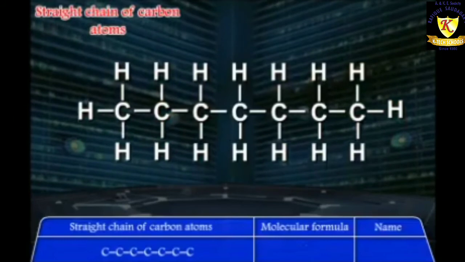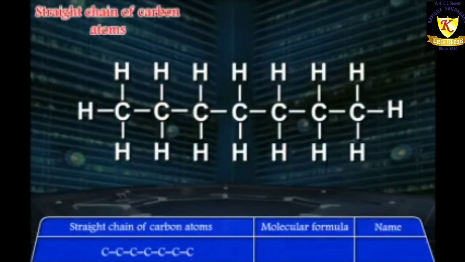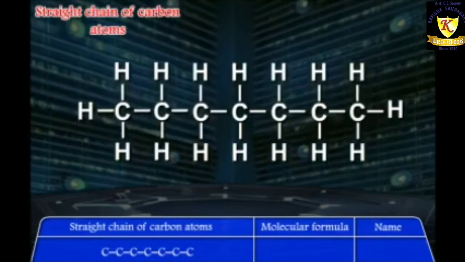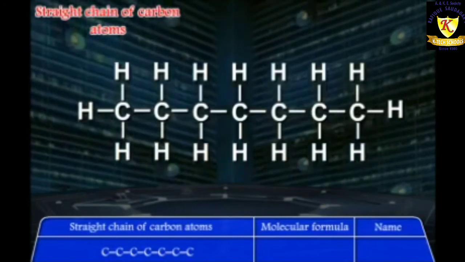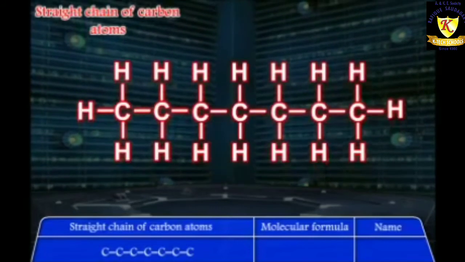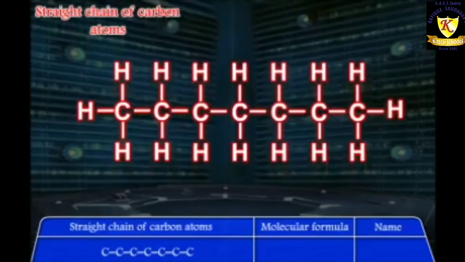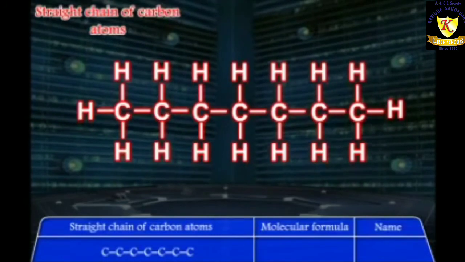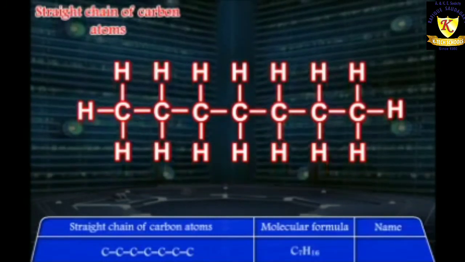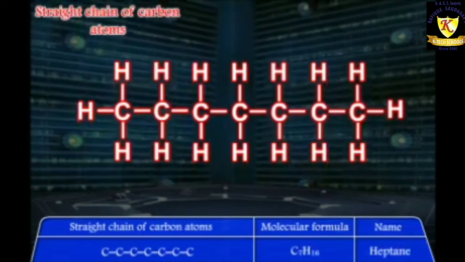Straight chain is seven carbon atoms bonded together. So here the molecular formula is C7H16 and the name is heptane.